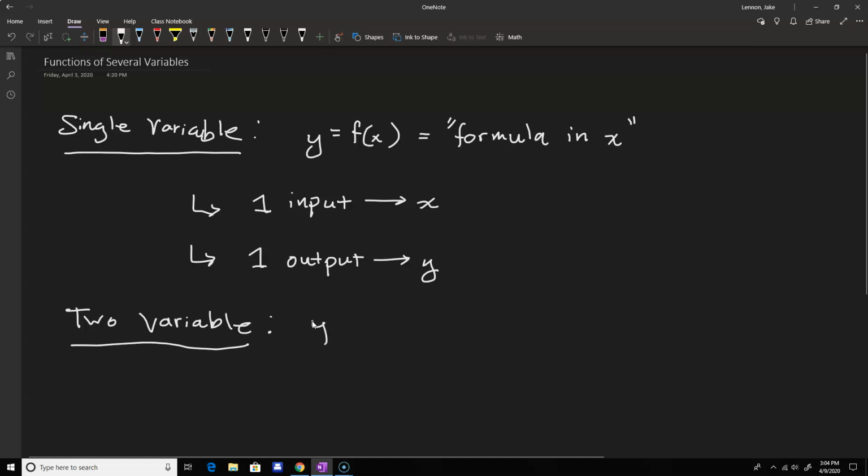So now usually for the output variable, we're going to use the letter z, and our two inputs will be x and y. So we would write z equals f of x and y, and this will now be a formula in both x and y.